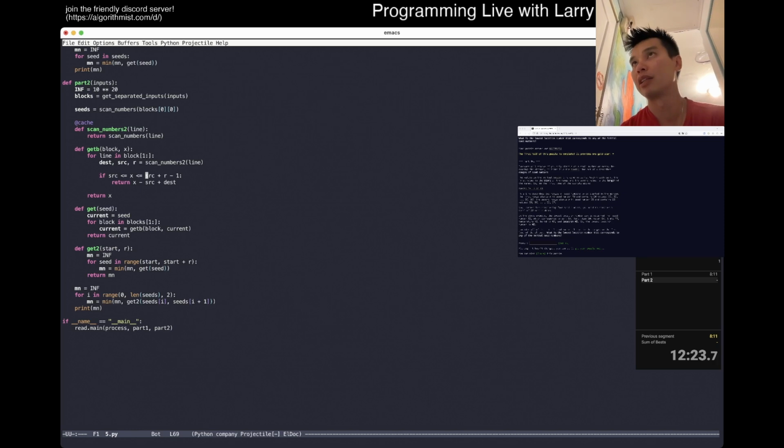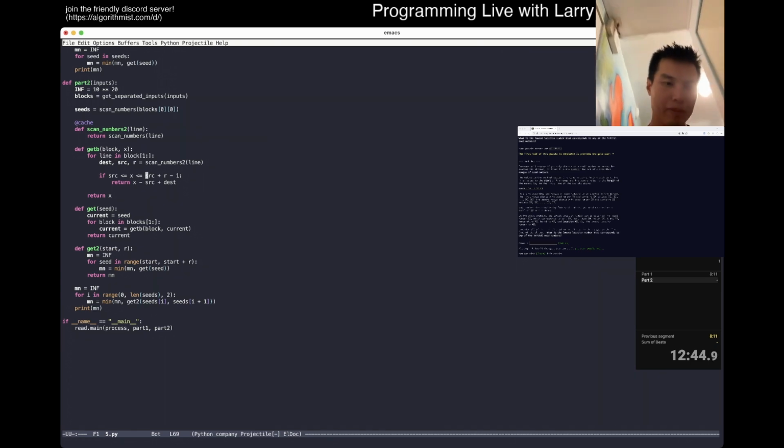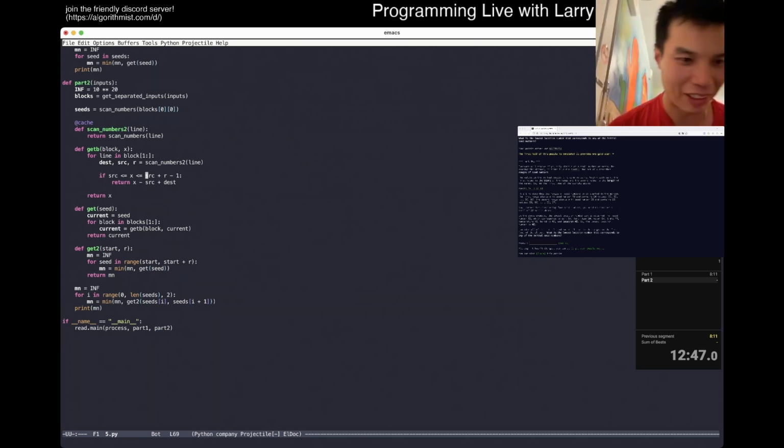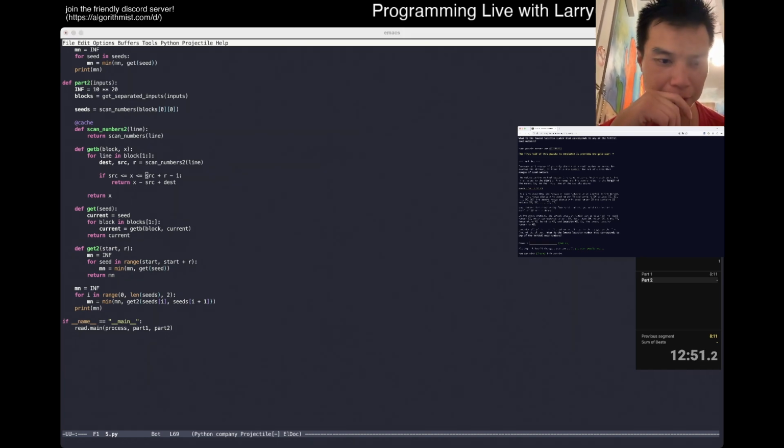For every block, we do all the numbers together. That's the thing, right? The min doesn't always have to get the min, so yeah, this is hard. Okay, I have to actually give it some thought. There are a couple of ways you can attack this, and I'm trying to think about.